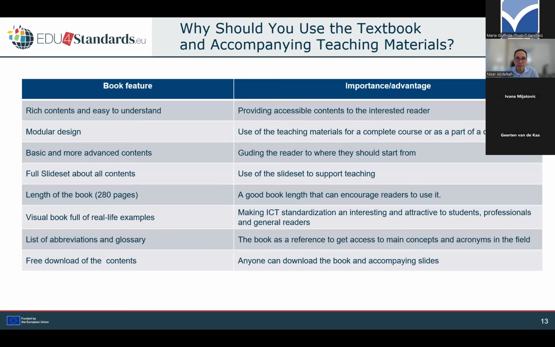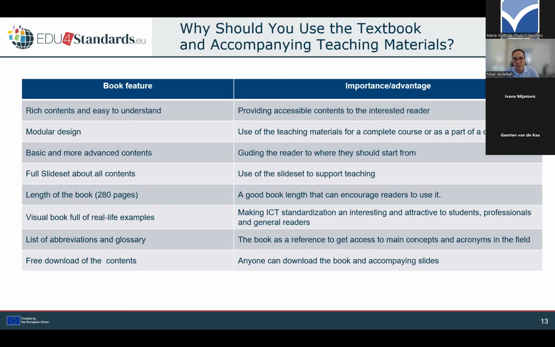There are also basic and more advanced contents. The first three chapters, on the introduction to basic standards, the ecosystems of standardization and the production of standards, are the basic ones. Then there are the more advanced ones, which are, let's say, the strategic perspective, innovation and standardization, etc.